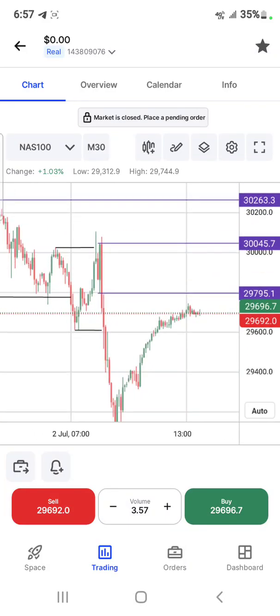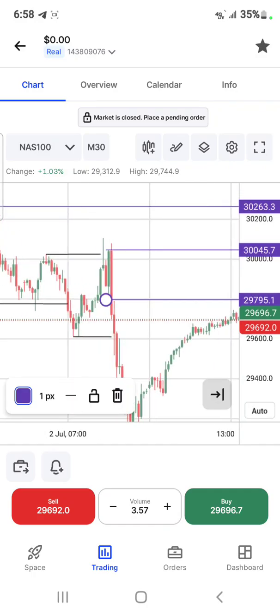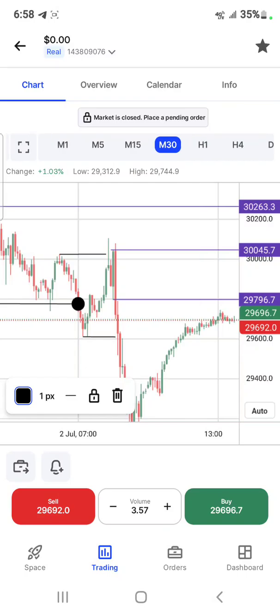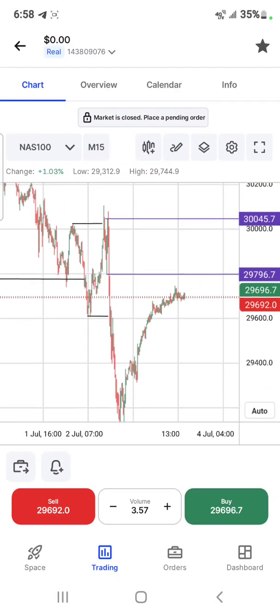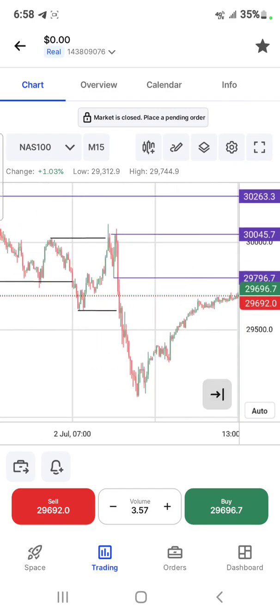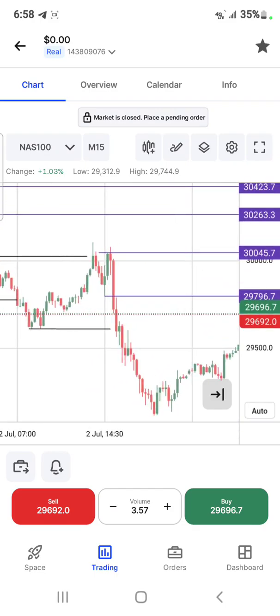Refining the 30 minutes order block, it is still within this zone. Now let's go down to our 15 minutes, which is our entry time frame. The 15 minutes time frame indicated that the order block is right here. This is our order block right here.